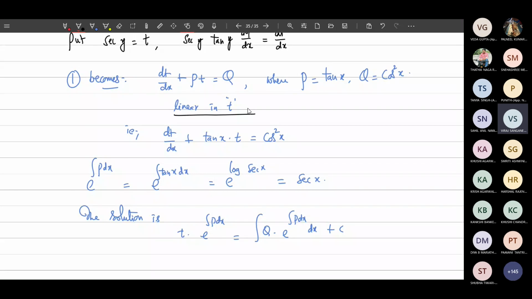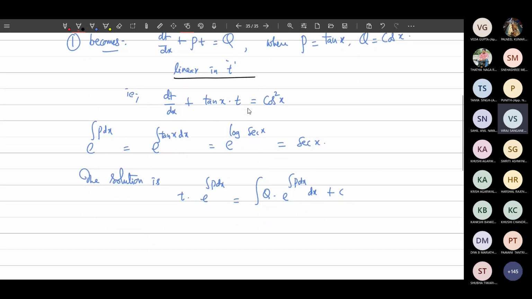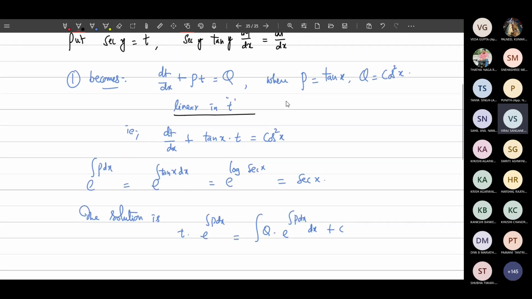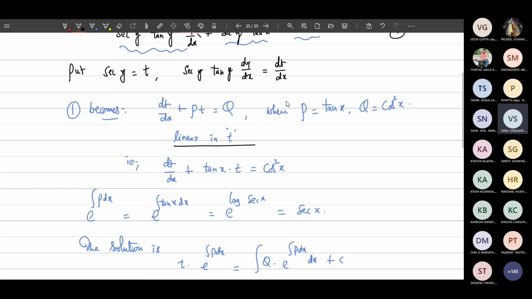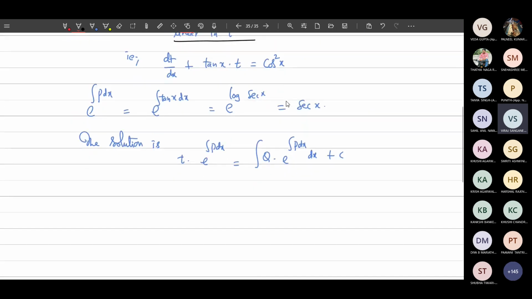Now integration is simple because t is back substitution. What is t here? T is secant y. So secant y into e power integral p dx, which is secant x, equal to integral q, which is cos square x, into secant x dx plus constant.